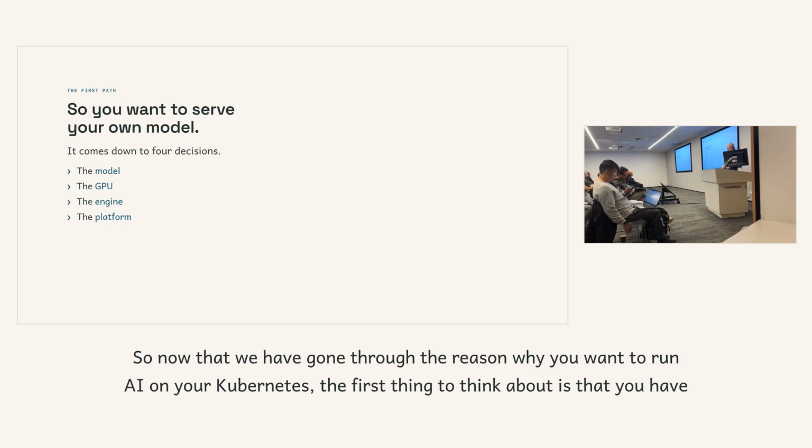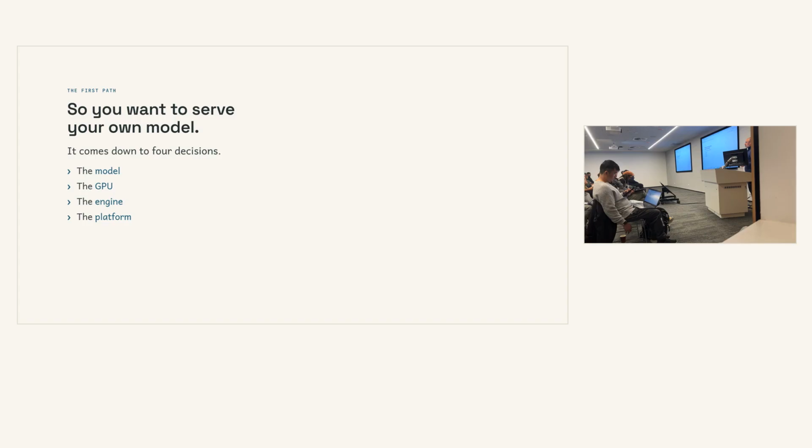Now that we have gone through the reasons why you want to run AI on your Kubernetes, the first thing to think about is that you have 4 decisions to make.